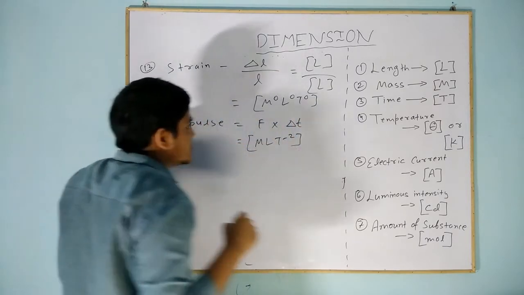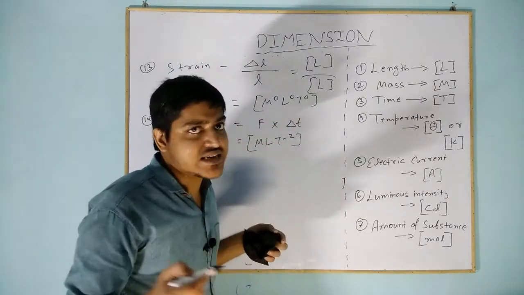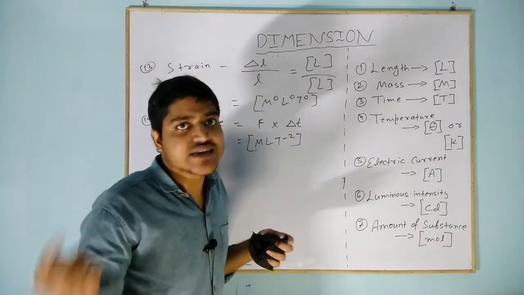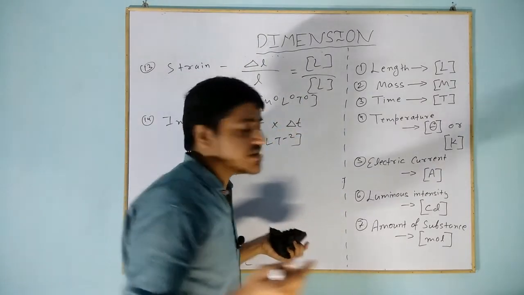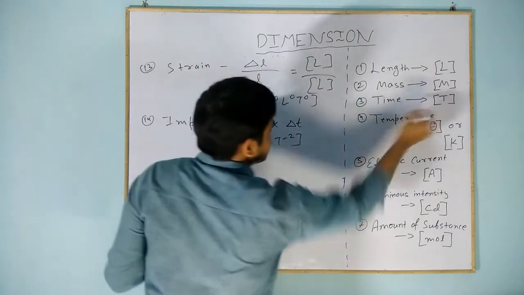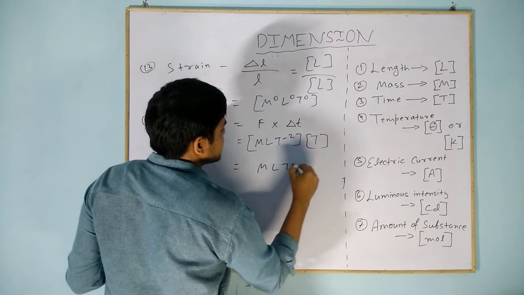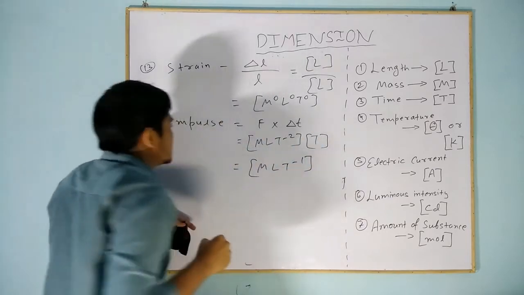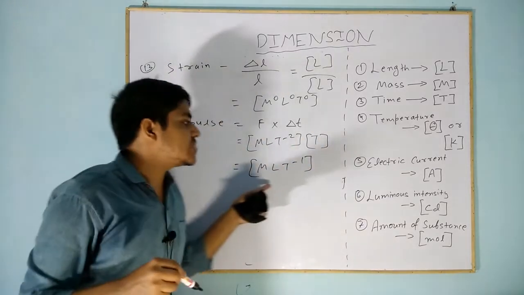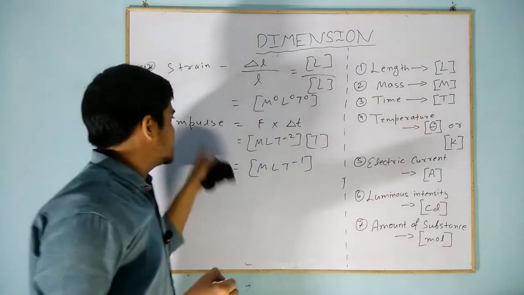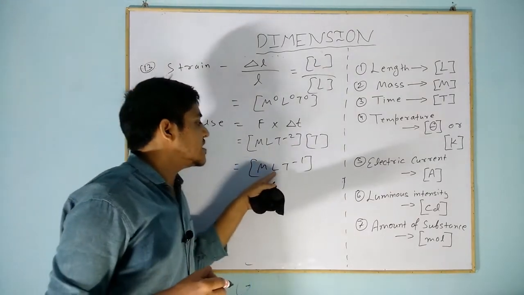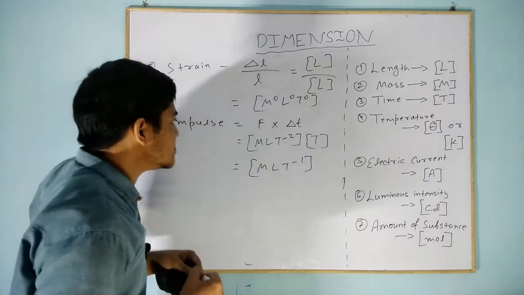We have already derived it. And delta t is a time interval. Final time minus initial time is a time interval, right? So it is time, and time has dimension T. So the dimensional formula of impulse came out to be M L T raised to the power minus 1, and we would say that dimensions of impulse are 1 in mass, 1 in length, and minus 1 in time.